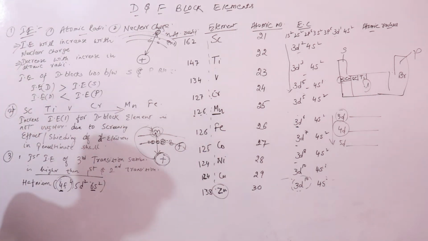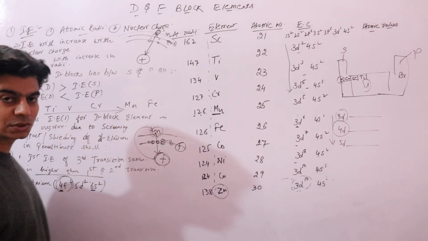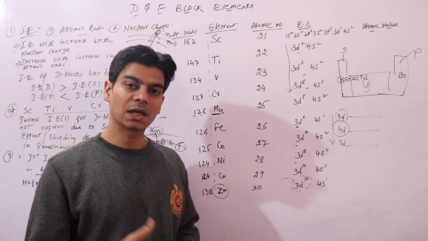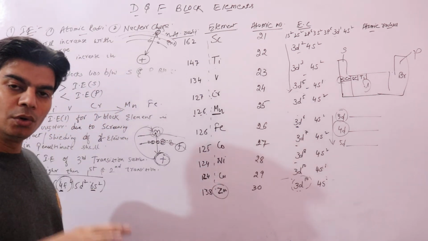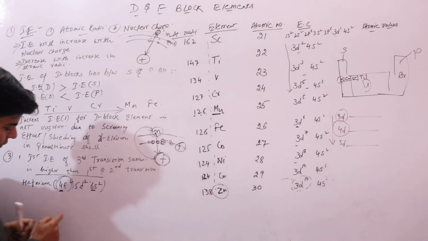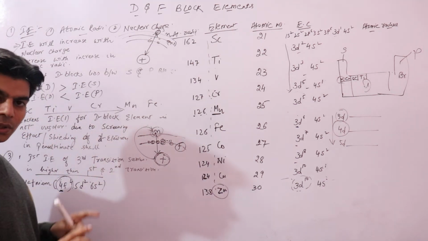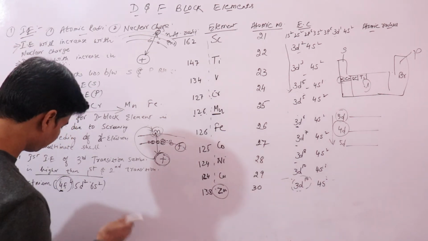So the simple answer is that the ionization enthalpy of elements of the third transition series is higher due to poor shielding of the outermost electron by the f electrons, right? And the poor shielding due to f electrons is due to their peculiar shape, right?